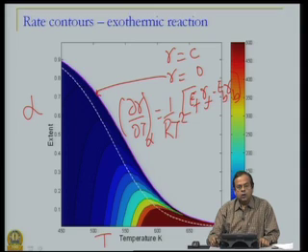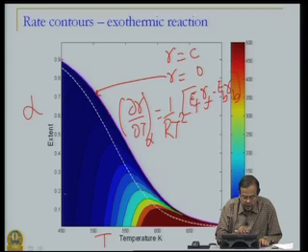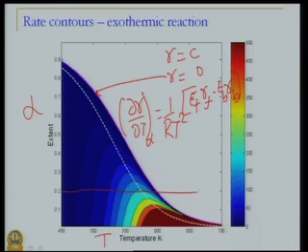Now, let us see what happens when you have an exothermic reaction. Let me once again take the same approach of horizontal travel at a given value of alpha. What do we see here? Notice the color change, and that will tell you what is happening to the rate of reaction.